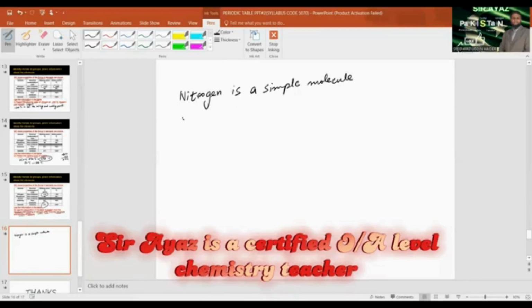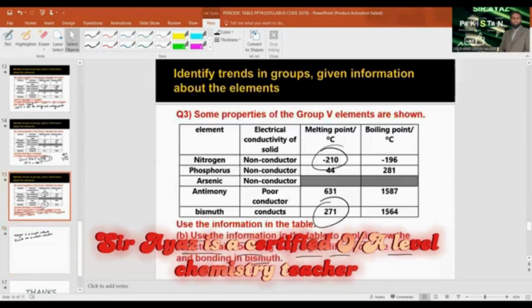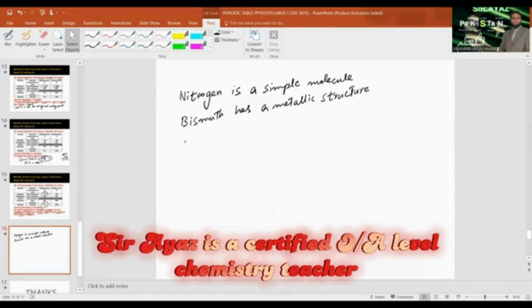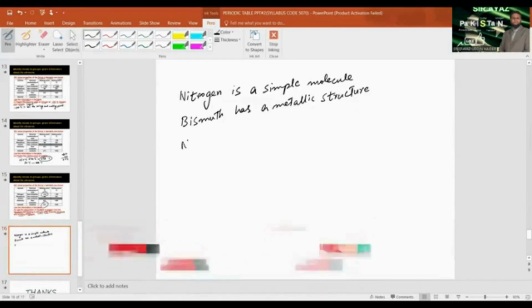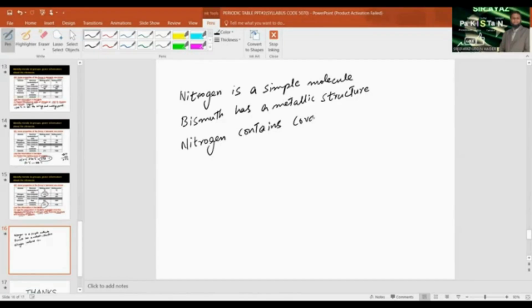You can say bismuth has a metallic structure. What else are they asking? They are asking about bonding. So in the case of nitrogen, nitrogen contains covalent bonds, while bismuth contains metallic bonds.